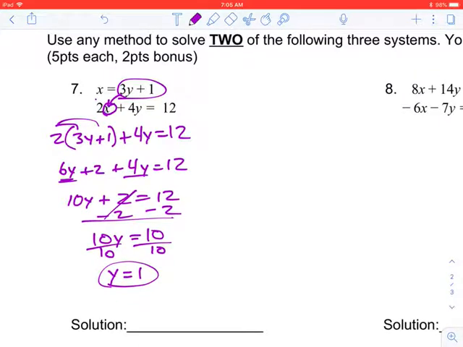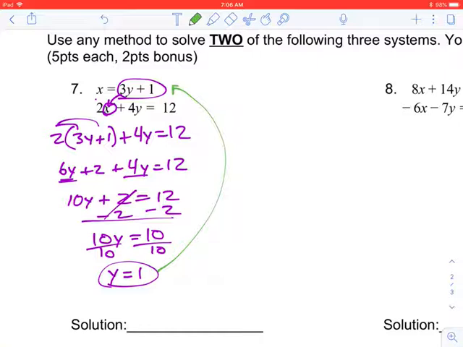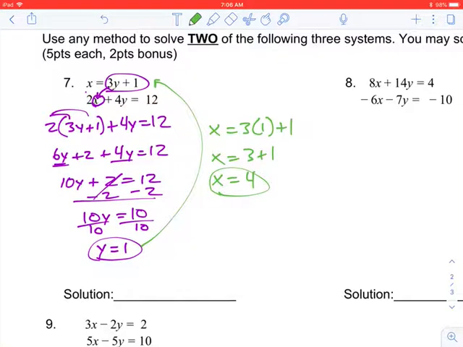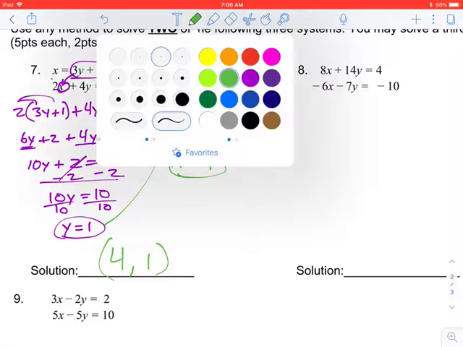Now we go ahead and plug it back in. And so I get x equals 3 times 1 plus 1, which is 3 plus 1, giving me 4. So 4, 1, final answer. Okay, that was probably substitution as the best method.